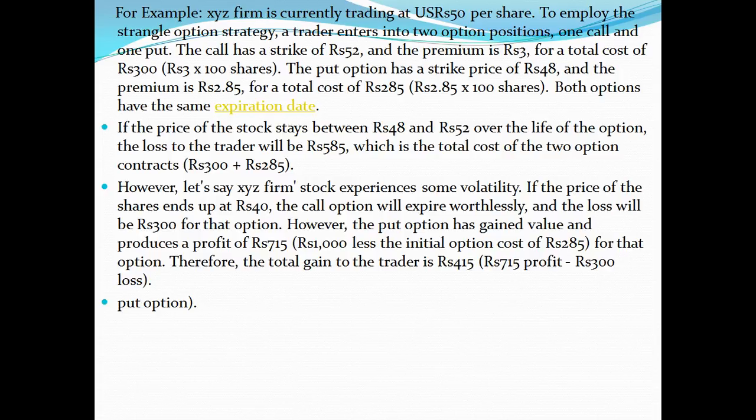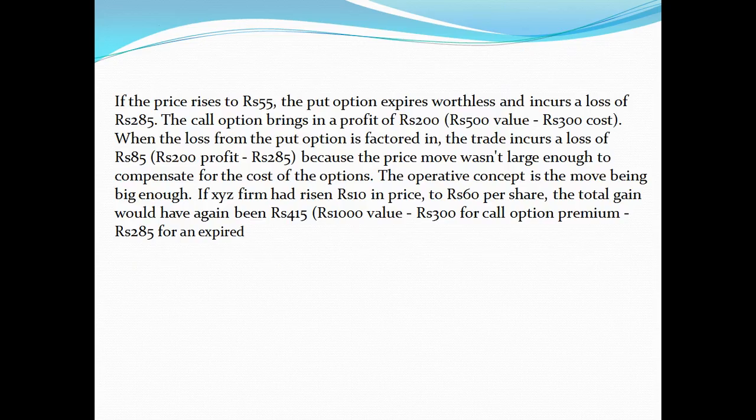If the price falls to rupees 40, the call option will expire worthless and the loss will be 300 rupees for the option. However, the put option has gained and produced a profit of 715 rupees, that is rupees 1000 less the option cost of rupees 285. Therefore, the total gain for the trader is 415 rupees, rupees 715 minus rupees 300 loss on the call option.